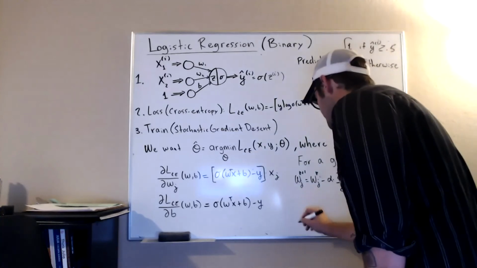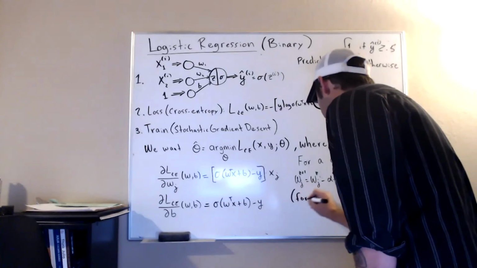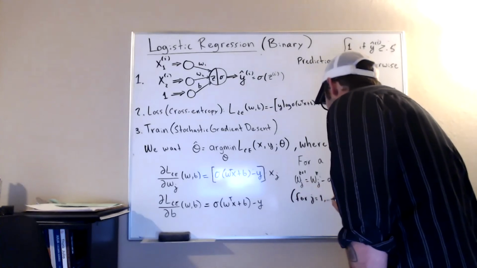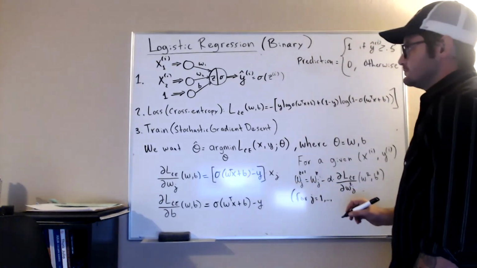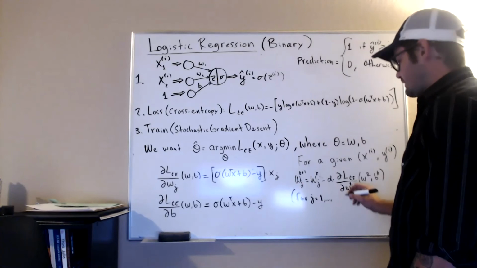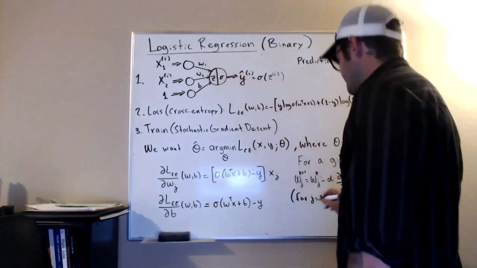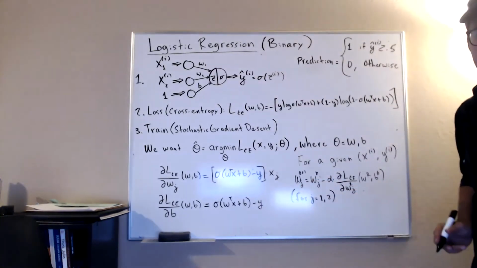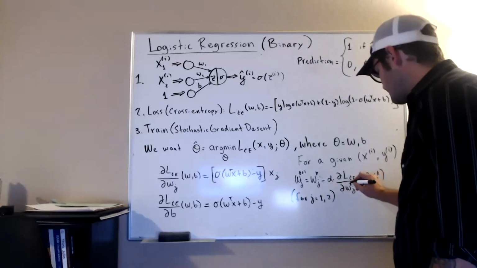And this is for j equals 1 and 2, for our example here. W is only going to have two components.